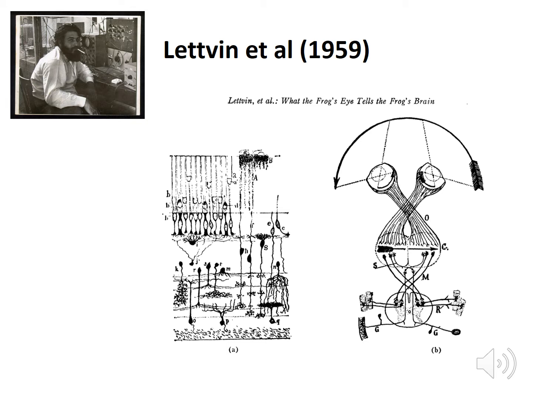What he means is that a dark spot moves through the visual field of the frog and activates ganglion cells one by one.